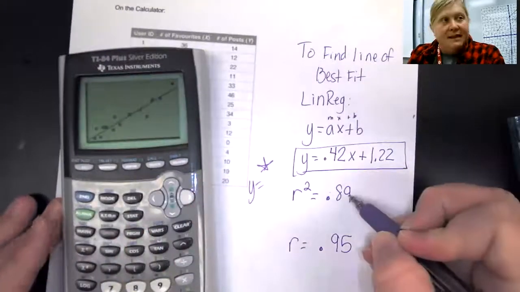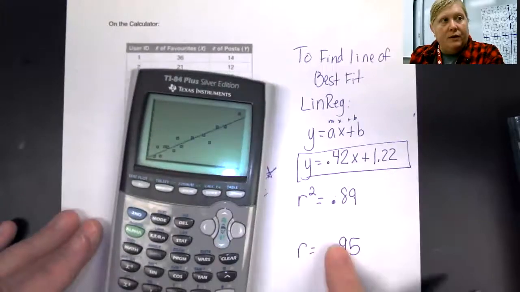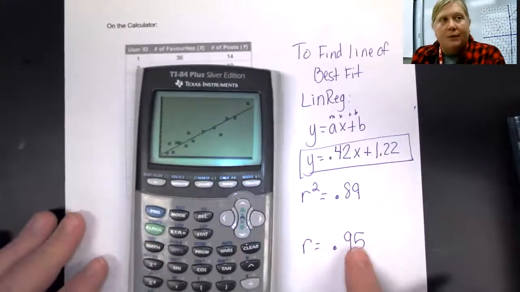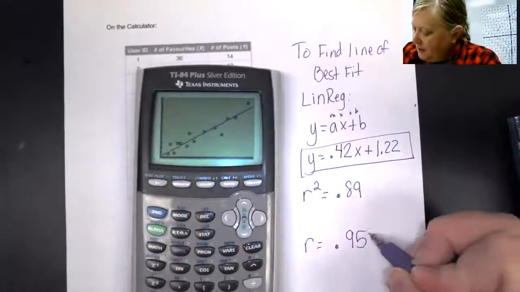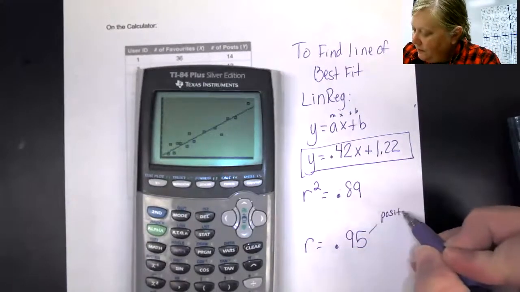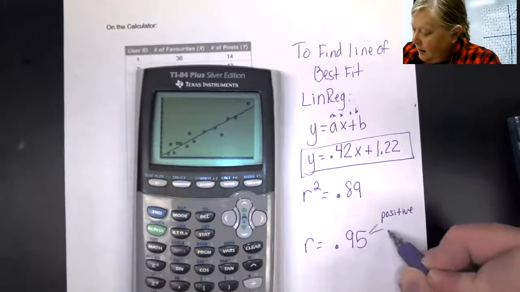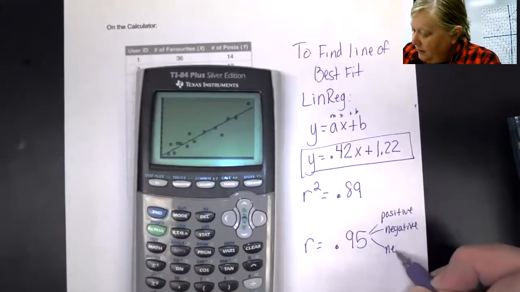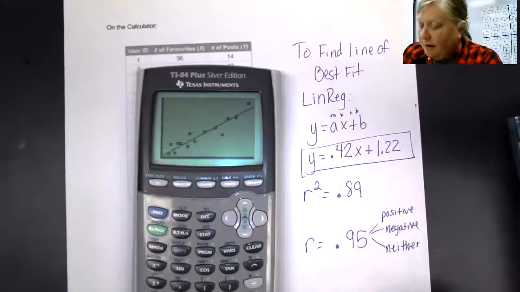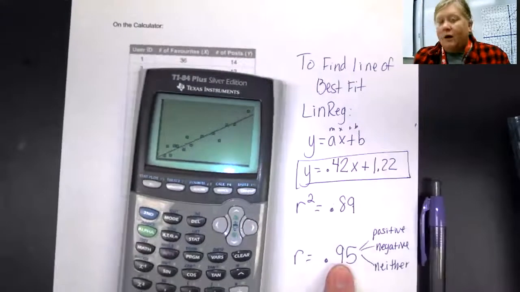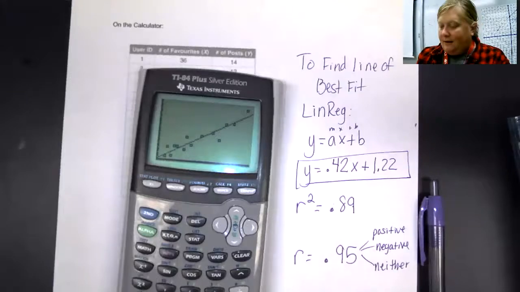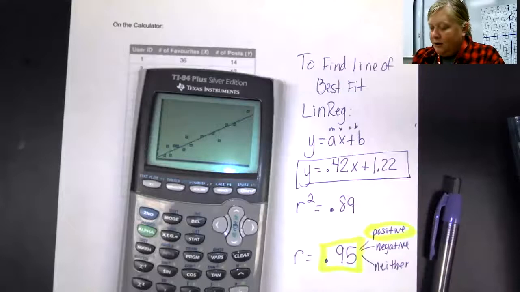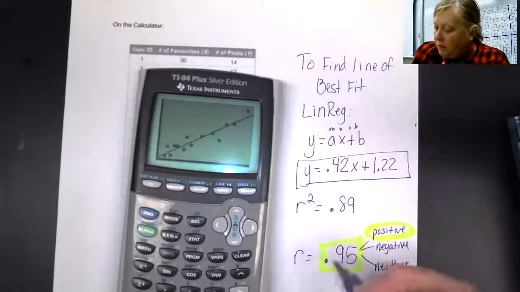Now, what does this mean and what does this mean? Well, this R value, this is telling you your correlation, right? Remember, our choices for this are positive, negative, or neither. And remember, this is a positive 0.95. So this is positive, but this also tells you, is this a strong correlation?